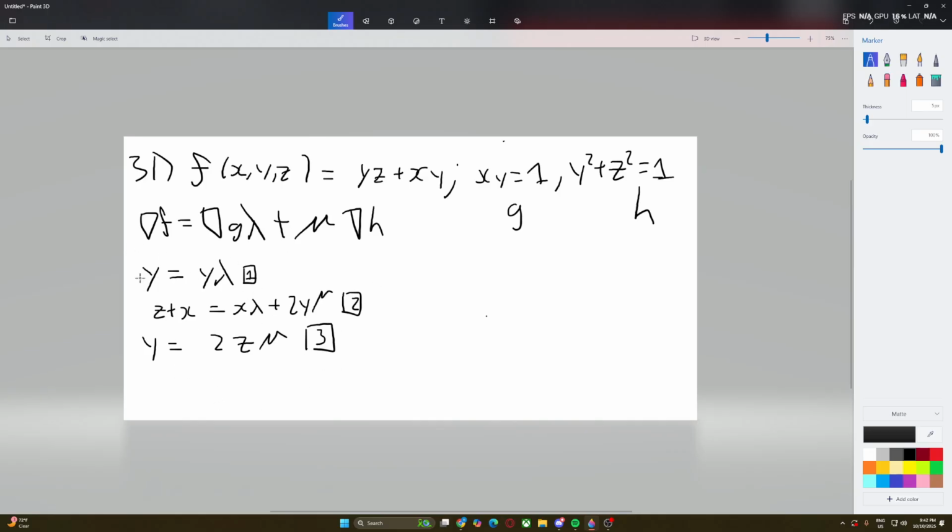Okay, so first of all, look at this. y minus y mu equals 0, so y equals 0 or mu equals 0. But the thing is, like I said earlier, y cannot be equal 0, so we are ignoring this case. Because it equals 0, we can plug it into here.